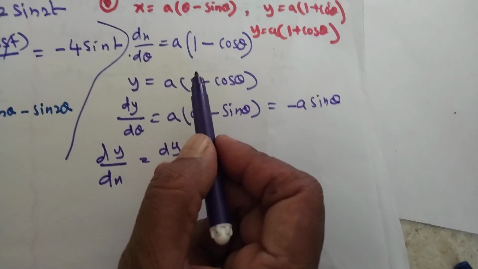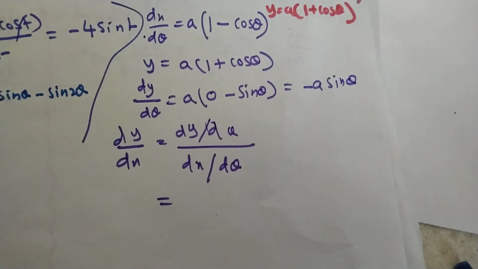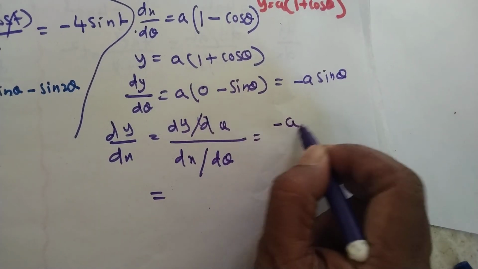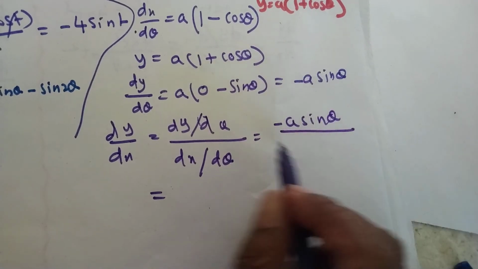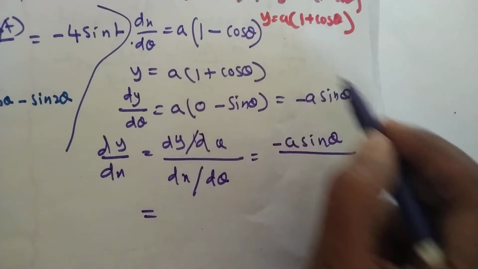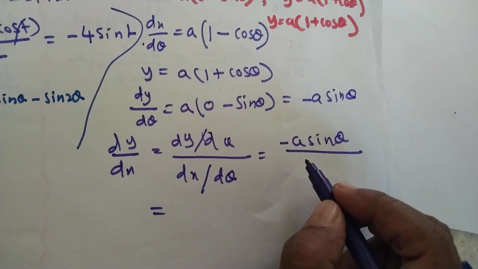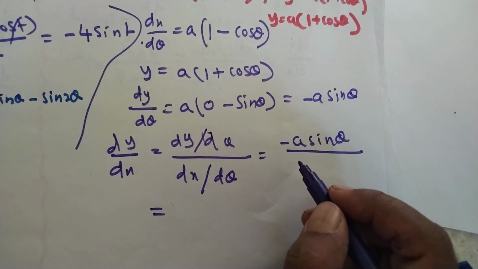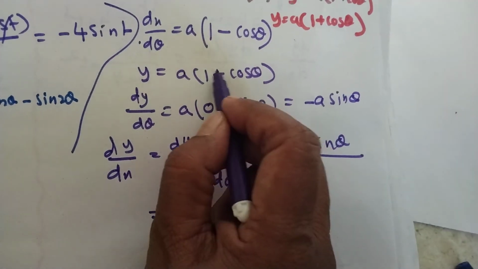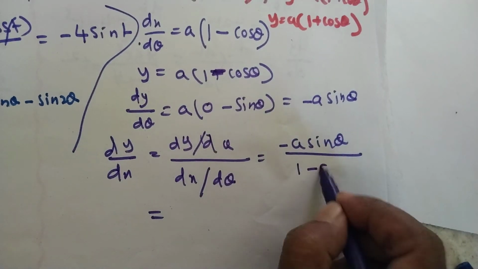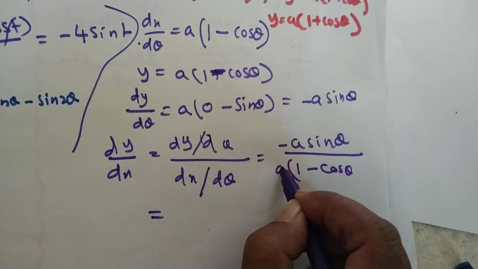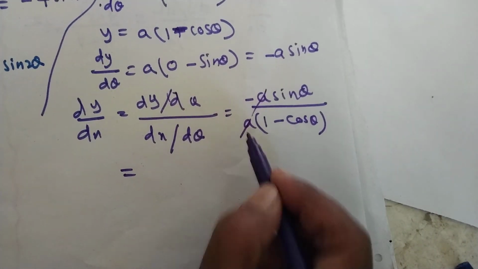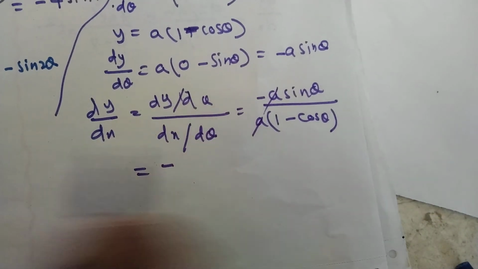So our dy by d theta is a sin theta divided by dx by d theta, which is a into bracket 1 minus cos theta. So by using trigonometric identities, a will get cancelled.